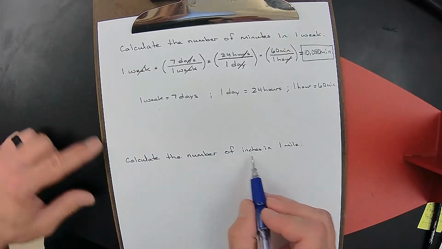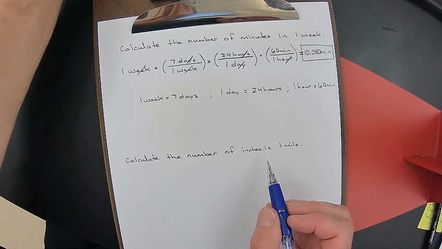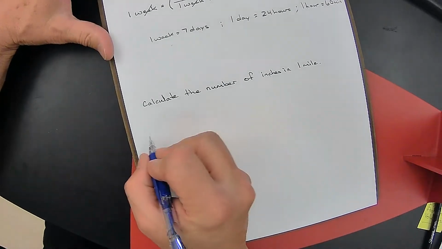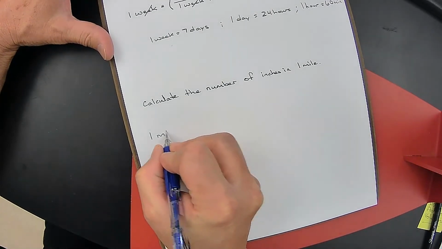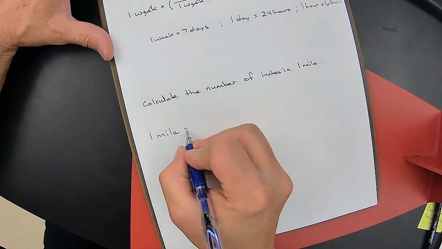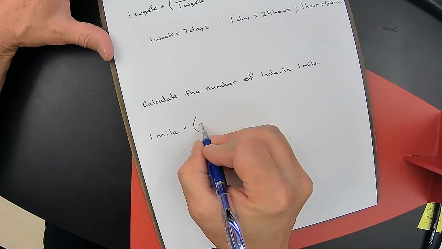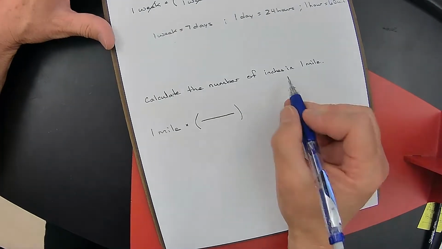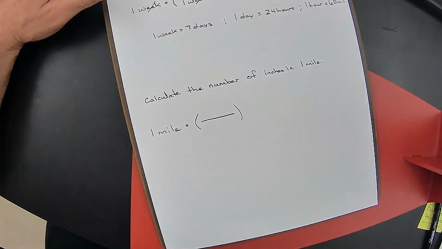So now let's take a look at this second example. Number of inches in 1 mile. So I start with 1 mile. I'm going from units of miles to units of inches. And I multiply by a conversion factor. And I don't know how many inches are in a mile.